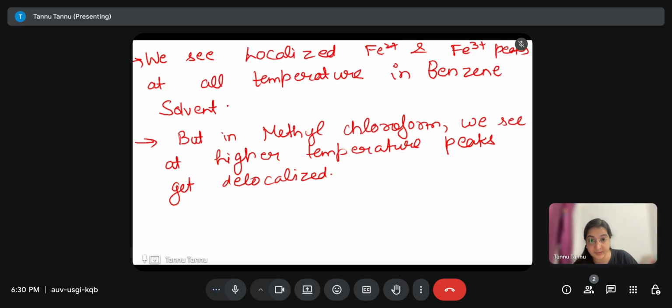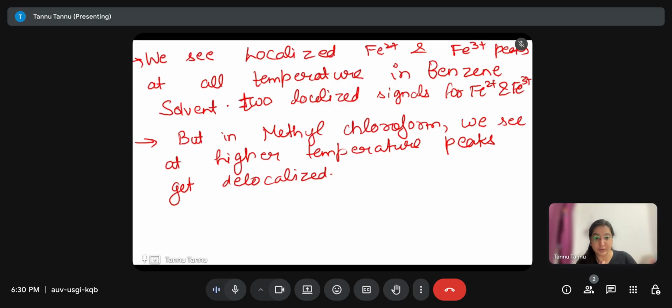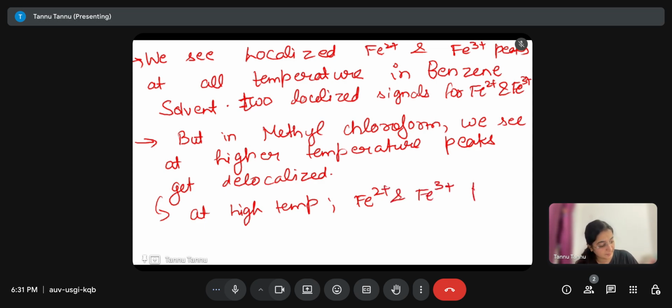So here we get two localized signals for Fe2+ and Fe3+, but in methyl chloroform at high temperature Fe2+ and Fe3+ peaks are delocalized and indistinguishable.